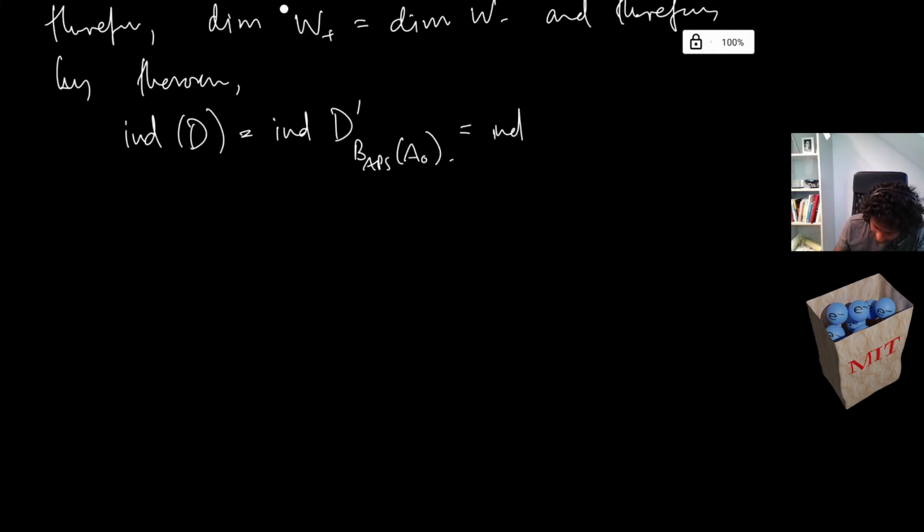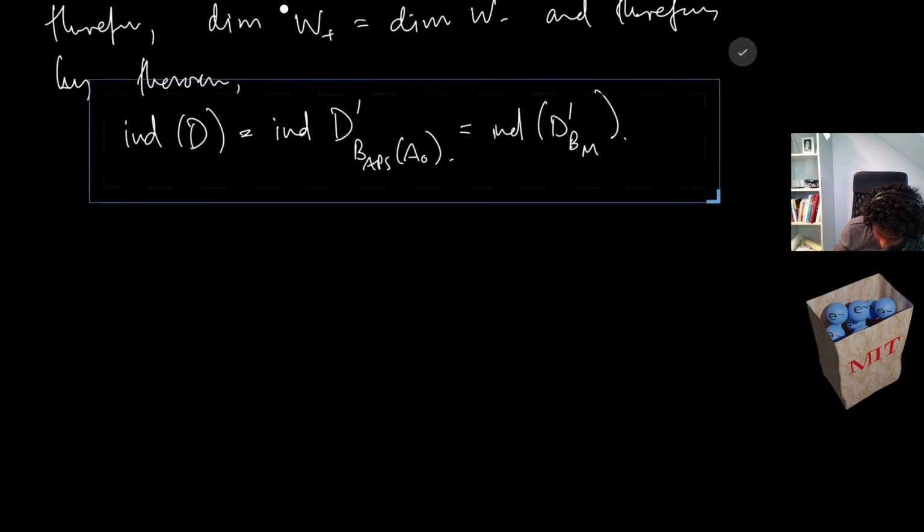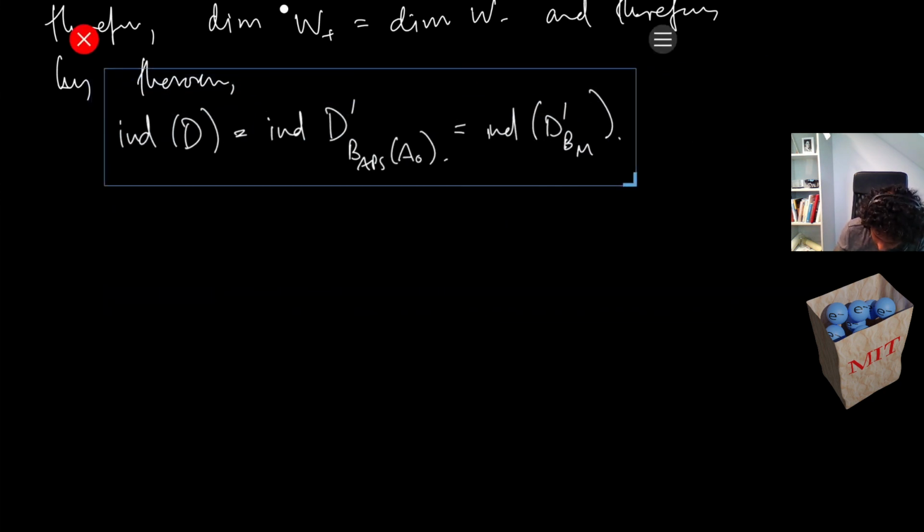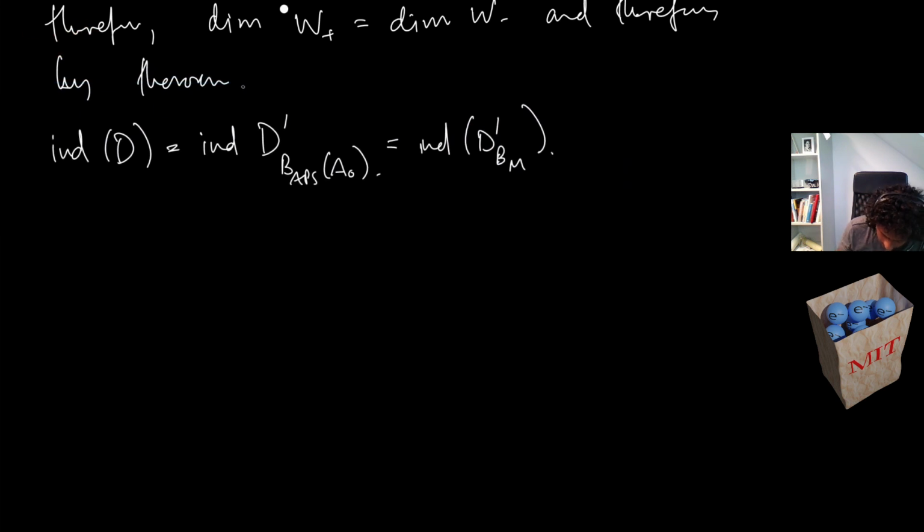So this is equal to D prime B M, and this is equal to the index of D B1 plus B2 as we have just seen.